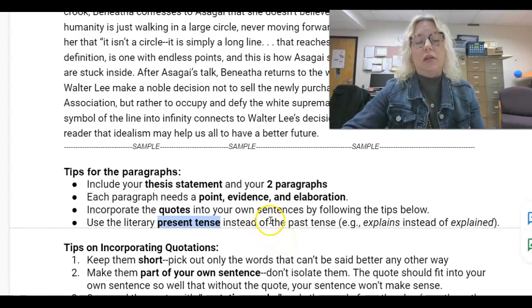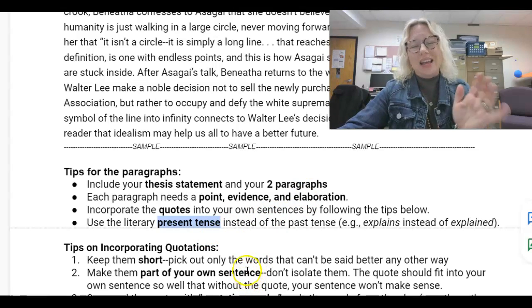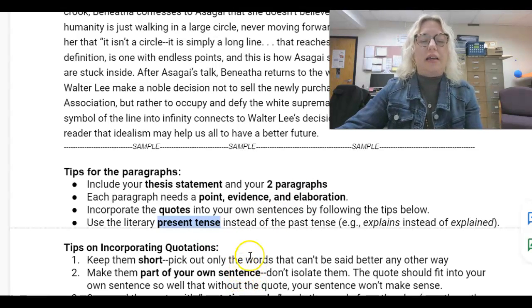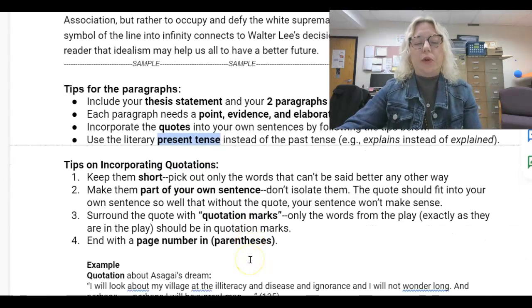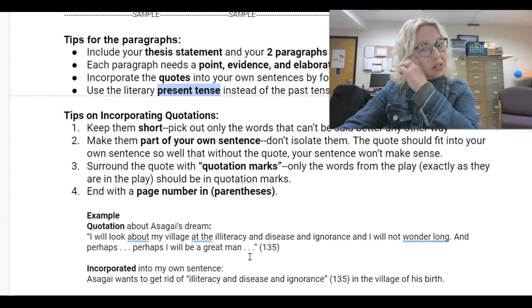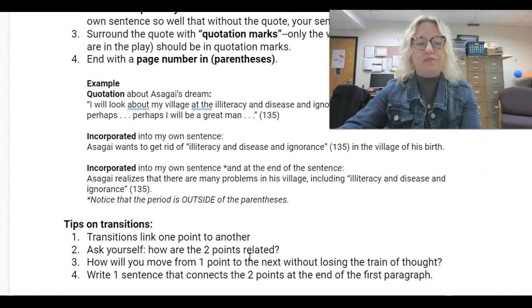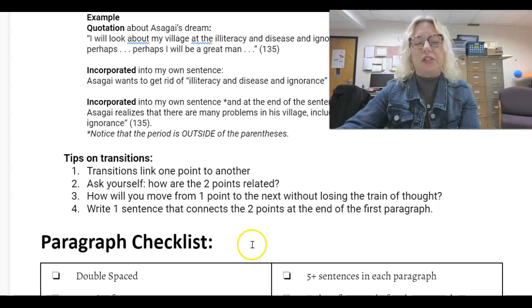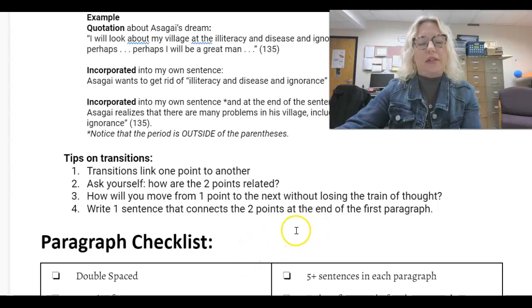Walter Lee loses the money. Instead of Hansberry did this, Walter Lee lost the money. You use the present tense for literary analysis. Again, I'm not going to grade you too hard on that kind of stuff. Tips for incorporating quotes, if you want to know how to do that, we're going to talk more about that in the next unit. And then tips on transitions. Again, not grading that, but it's just helpful to start working on this stuff.